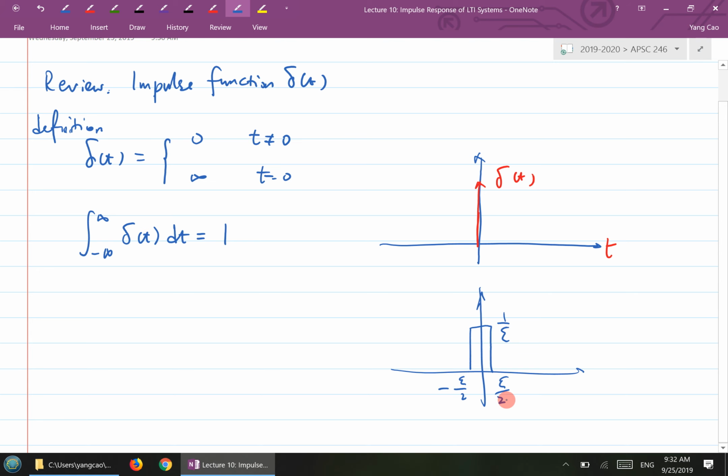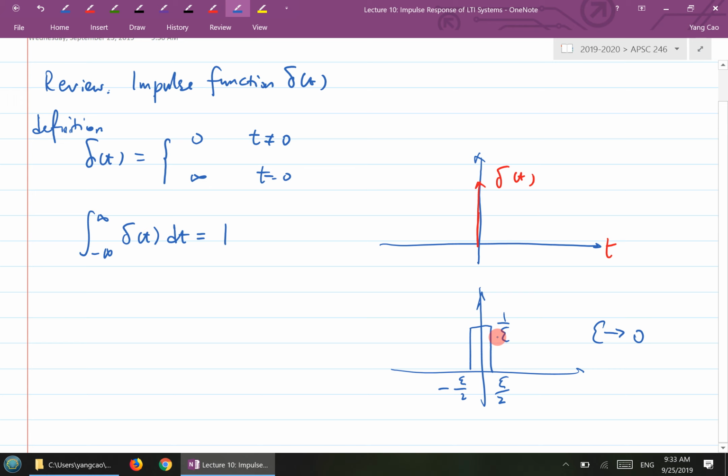The unit area 1 under this rectangle, and this rectangle can be infinitely tall as epsilon goes to 0, right? But it doesn't matter how tall it is, the area underneath that rectangle is always 1. So instead of visualizing delta t as just a straight arrow like this, if you can visualize delta t like this, it probably can help your brain to accept it a little more, make it a little more acceptable. Okay.